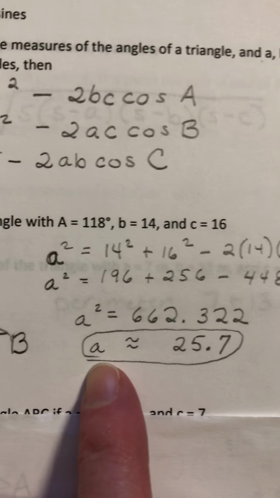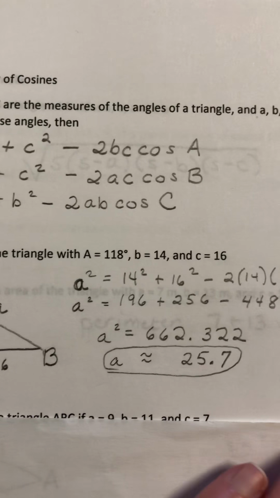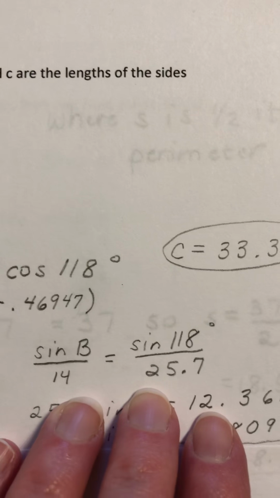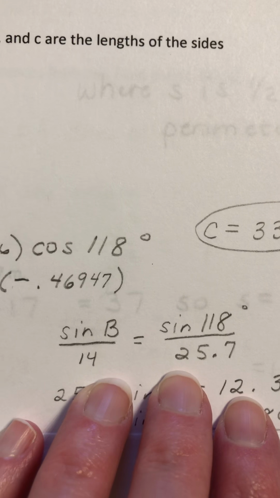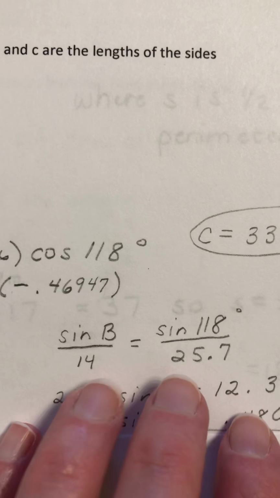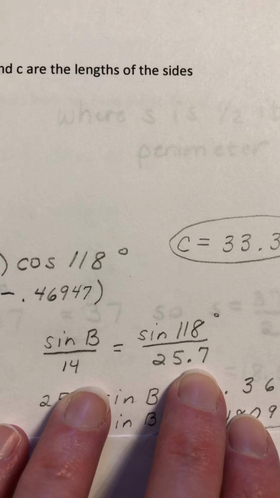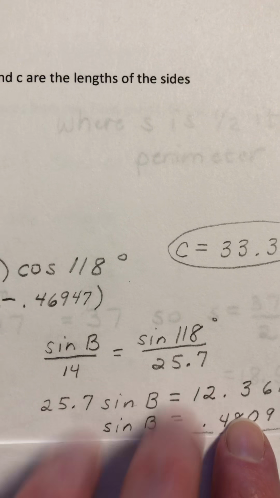So once we know what a is, we don't have to use the law of cosines anymore. We can go back to the law of sines because it's easier to use. Remembering from the previous lesson, the sine of angle B over 14 would be equal to the sine of the 118 degree angle over a, which we just found.